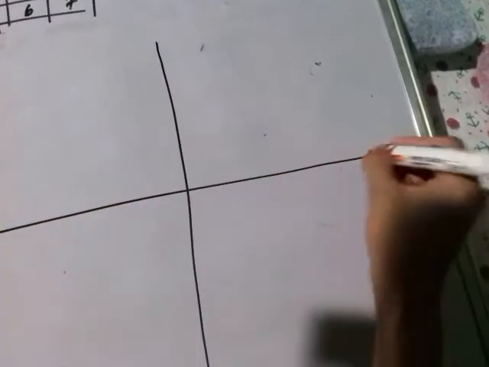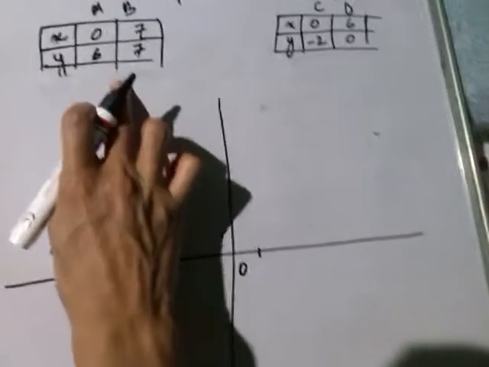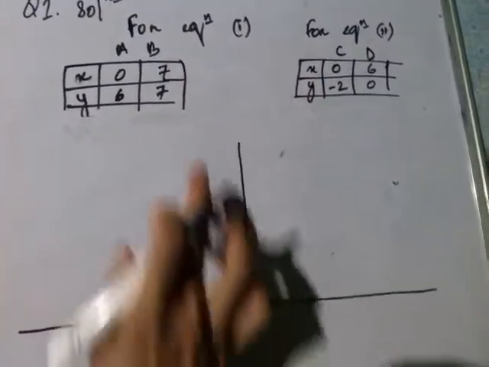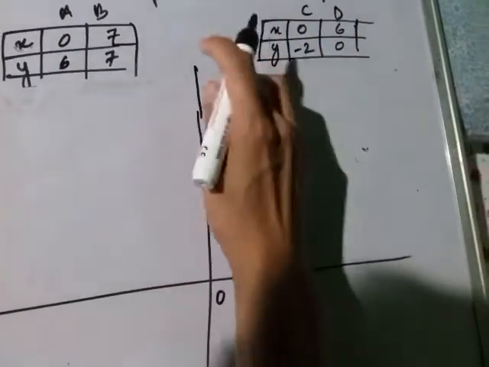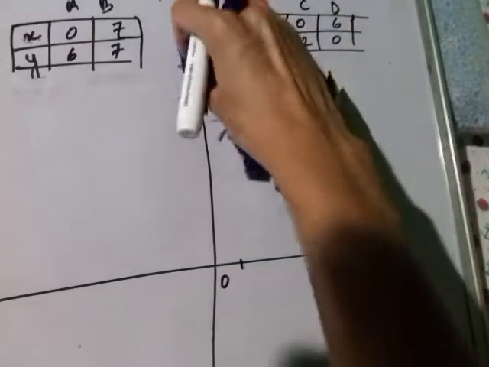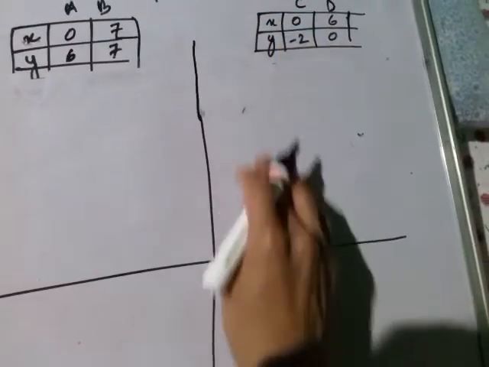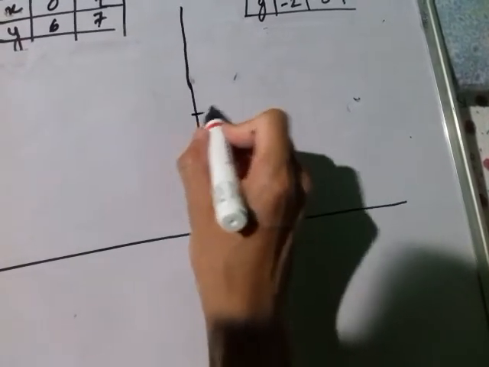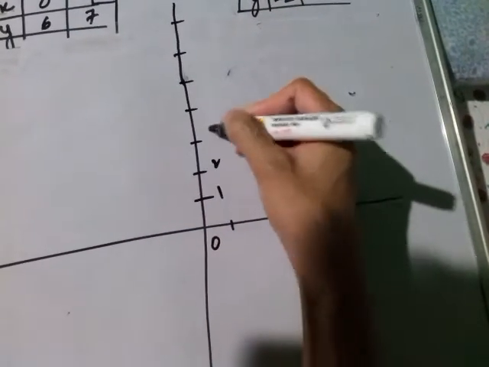We used to take the x-axis and y-axis. So this will be 0. Which one is the greatest number in these two boxes? 7 is the greatest number, and it is positive, so you will put it on the upper side. I have already explained this in chapter 1, I think, how to put the x-axis and y-axis. So this will be 1, 2, 3, 4, 5, 6, 7.